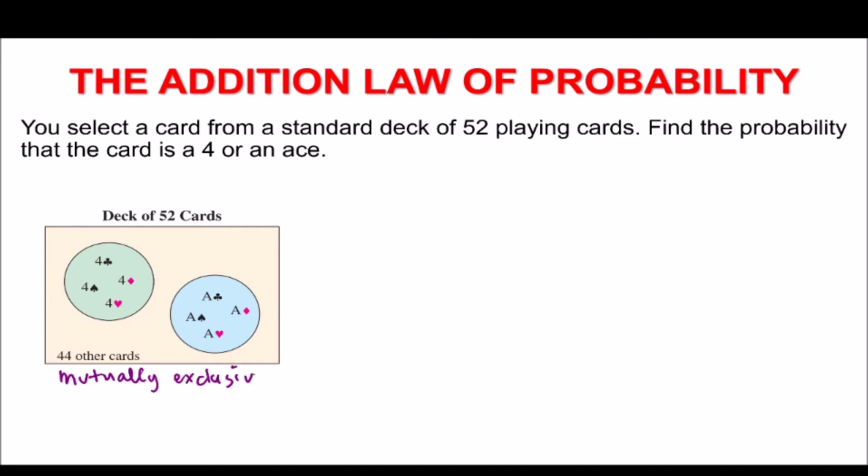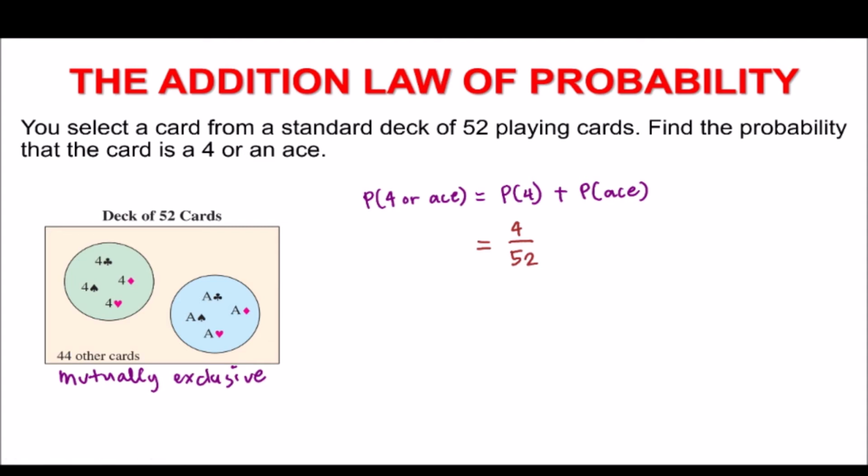If they are mutually exclusive, from the formula, we can simplify this by just adding the probability of getting a 4 plus the probability of getting an ace. Since we have 4 fours in a standard deck of 52 playing cards, the probability of getting a 4 is 4 over 52.